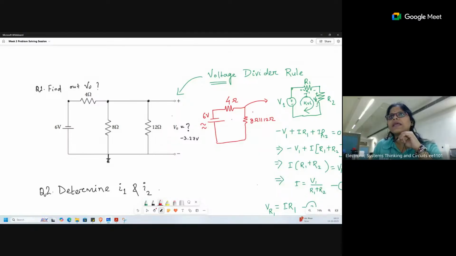Can you apply the voltage divider rule to find out V4 ohm, and 8 ohm parallel to 12 ohm will give how much? Tell me the answer quickly.